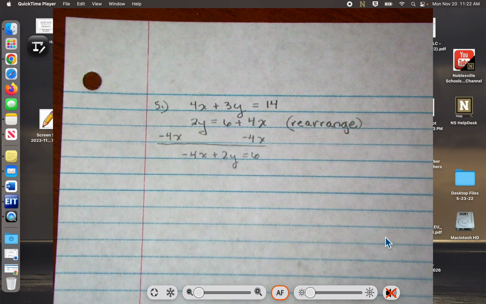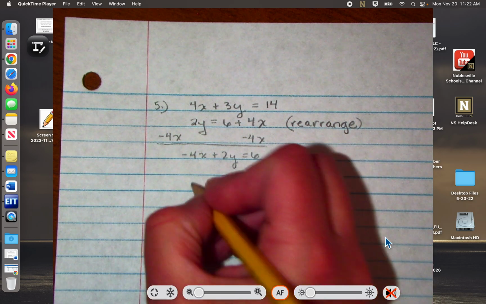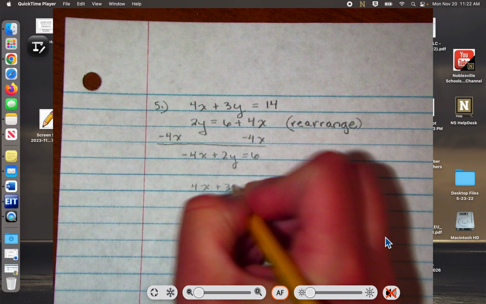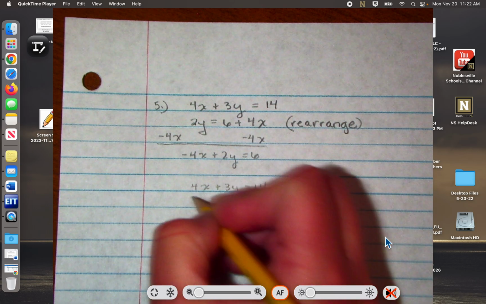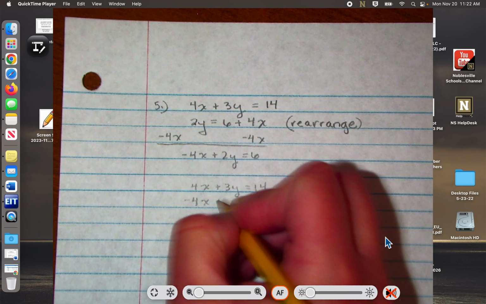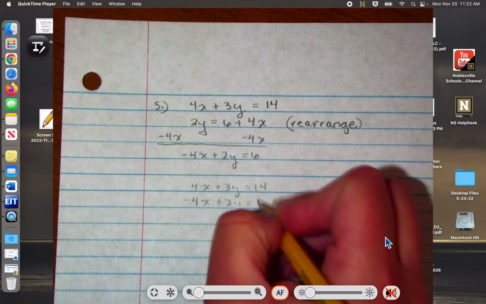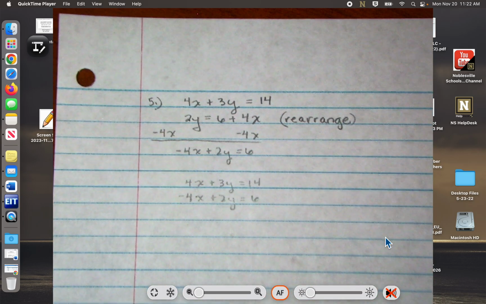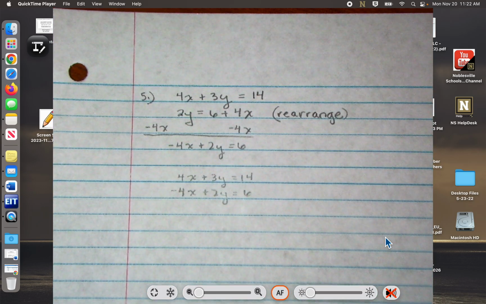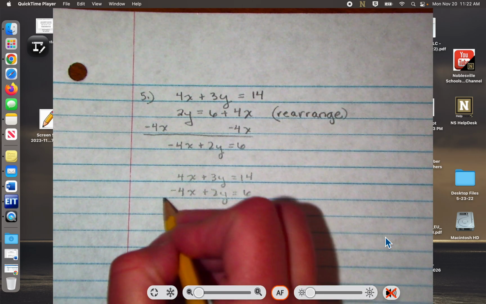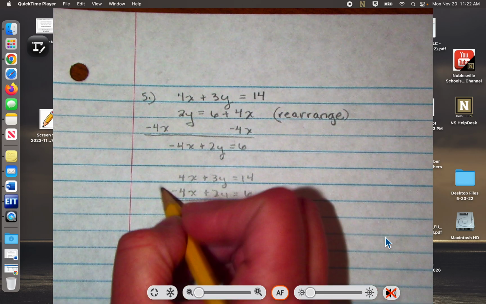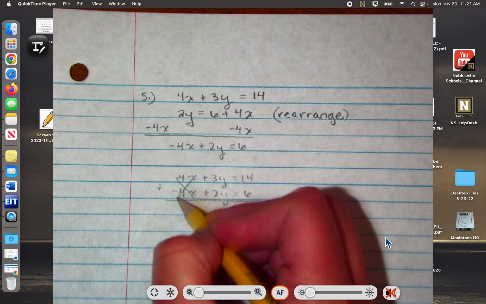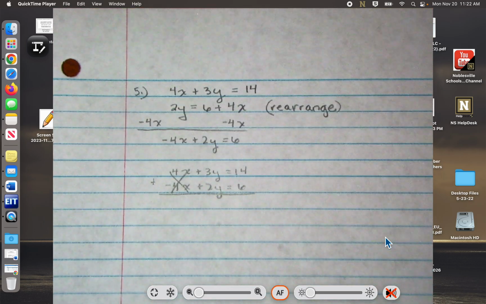So it kind of did the elimination for us. So now I have 4x plus 3y equals 14, and negative 4x plus 2y equals 6. I don't even have to distribute anything, right? The x's are going to eliminate each other.